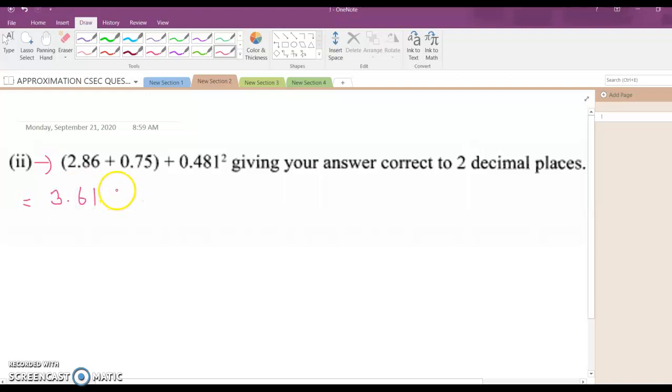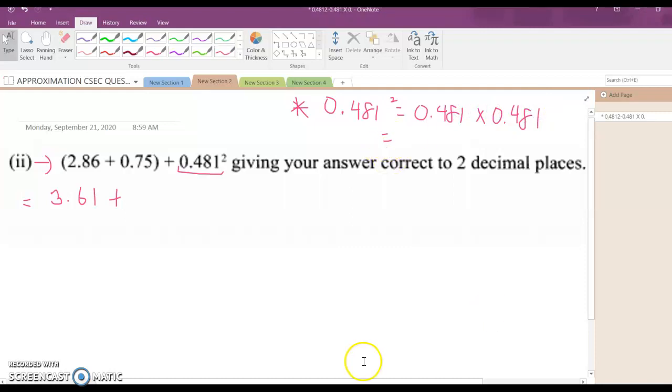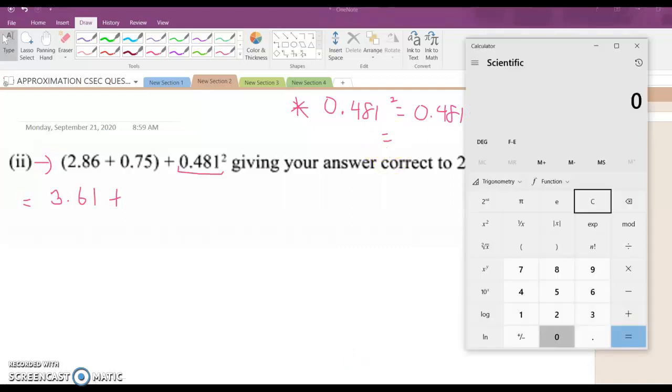And we will get 3.61, right? And then this piece here, remember what does this mean again? You can work this out at the side. This is 0.481 squared, which is 0.481 by 0.481. And let's work out what that is on our calculator. 0.481 multiplied by 0.481.